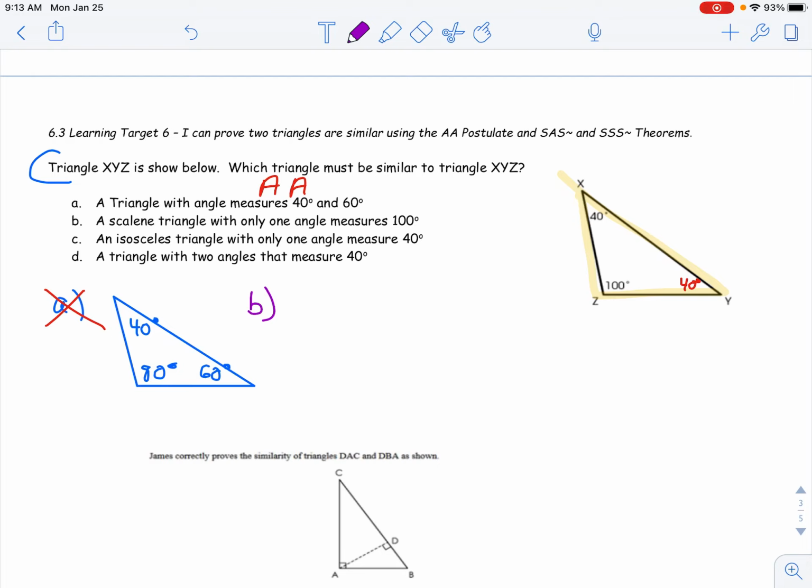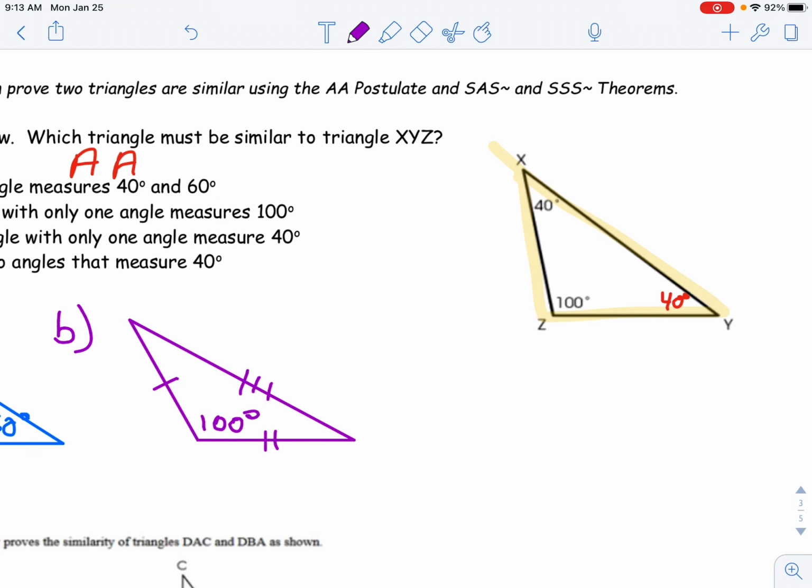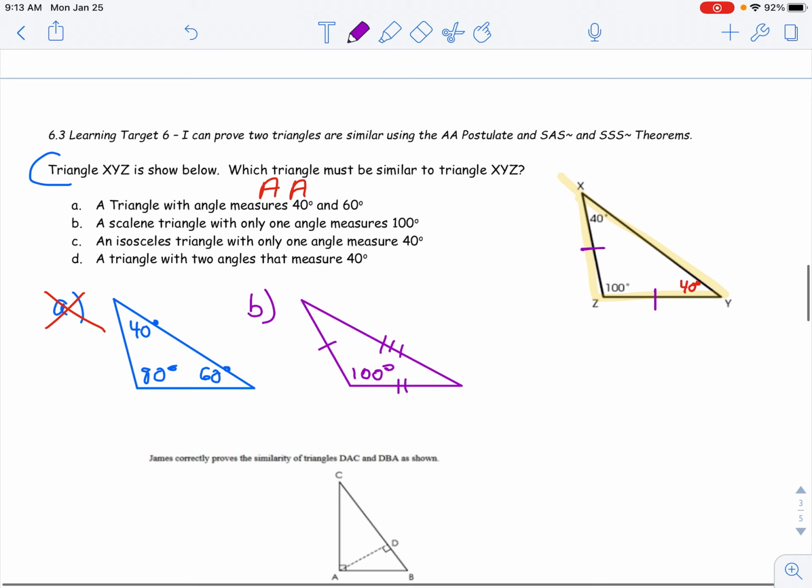Let me try B, a scalene triangle with only one measure of 100 degrees. So this seems promising. It's scalene, and I have a 100-degree angle. What are the rest of these angles? I'm not sure in B what the rest of the angles are, but the triangle I have has to be isosceles.